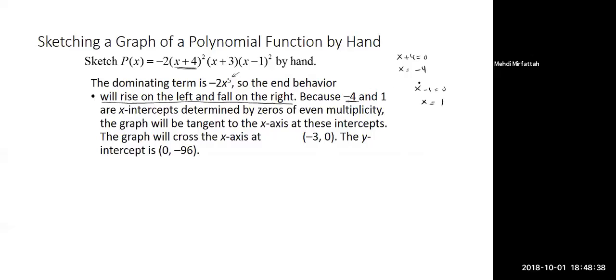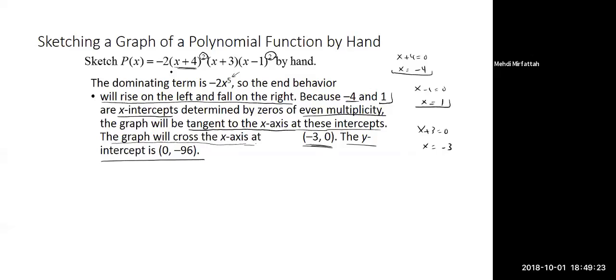So for minus 4 and 1, the exponent is even, so the graph will be tangent to the x-axis. However, for the other one, x plus 3 equal to 0, x equal to negative 3, at this point the exponent is odd, so the graph will cross the x-axis at this point.